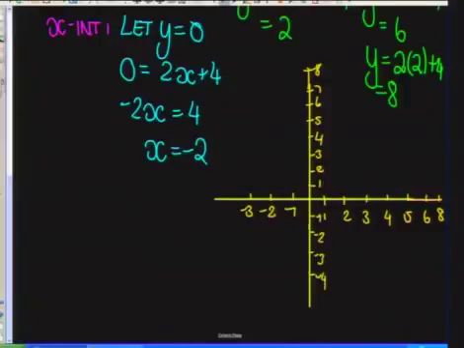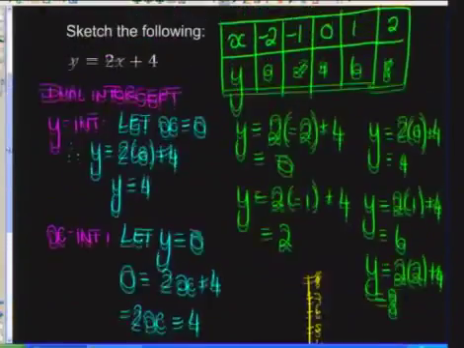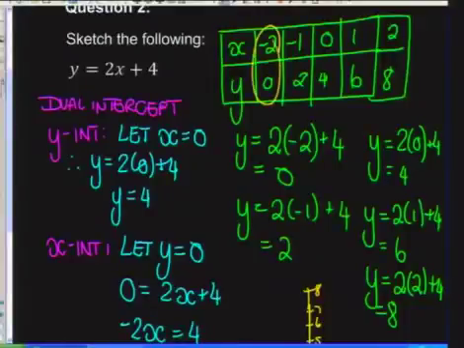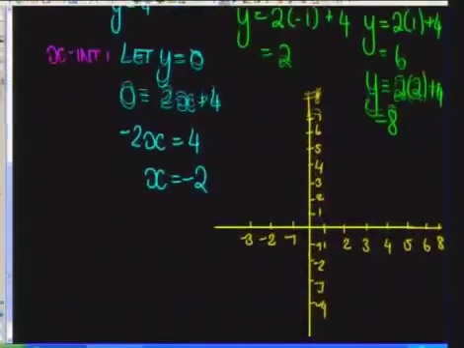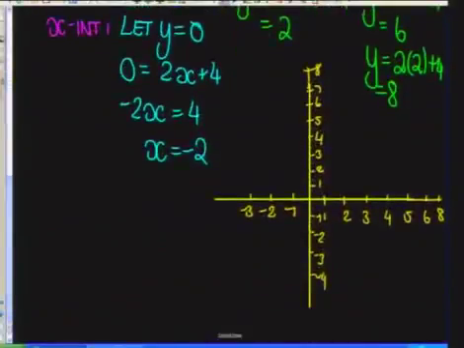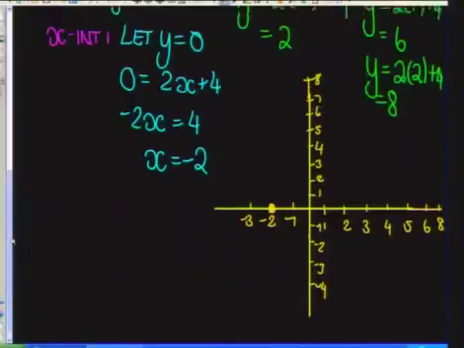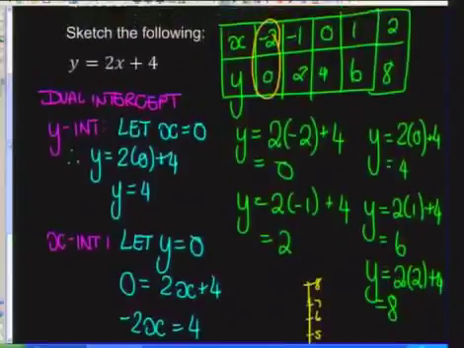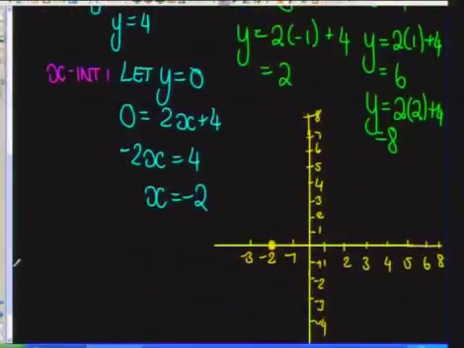All right, so let's use our table first. Let's plot the points that we had. So the first one I had was negative 2 and 0. So my x is negative 2. My y is 0, which means we are sitting over there. That's my point. The next point we had was negative 1 and 2. So x is negative 1, y is positive 2.